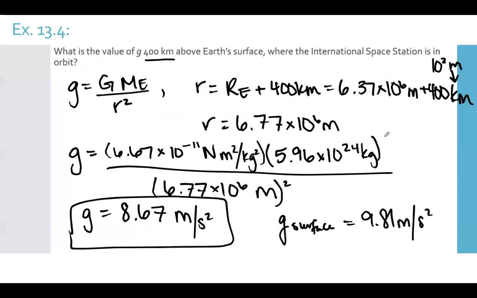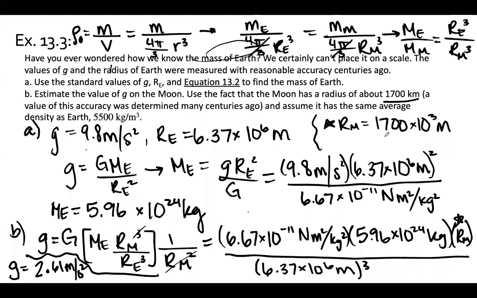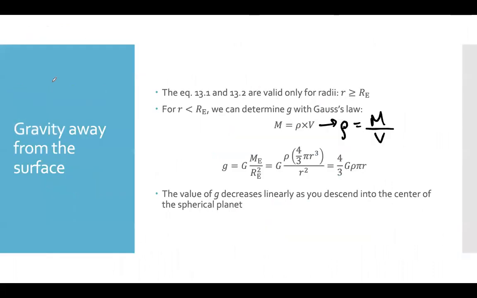Let's see if I can find it. Not this one, but this one. The one about looking at the moon, the value of g on the moon. We had to use these ideas of average densities. So we are looking at the same thing, but now putting it all together.